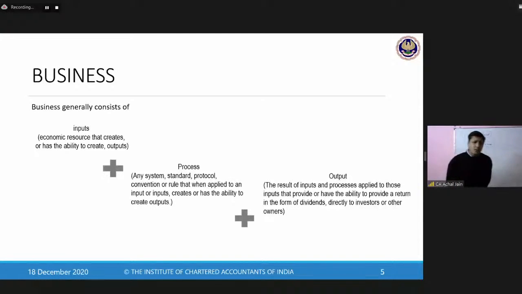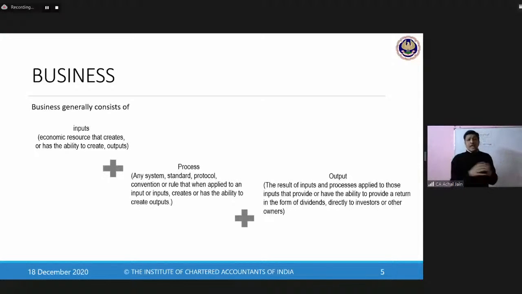Now, what can be the desired output, or what can be the output for the purposes of our discussion? Output for the purposes of our discussion will be profit. A business will require profits. Correct? Now, for profits to be generated, what do we need? Again, we need some inputs. For example, a company may have tangible assets, those can become the inputs. A company may have intangible assets, those may become the inputs.